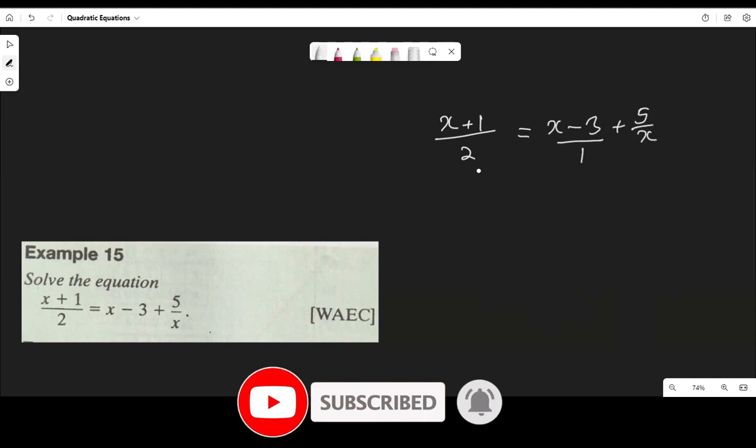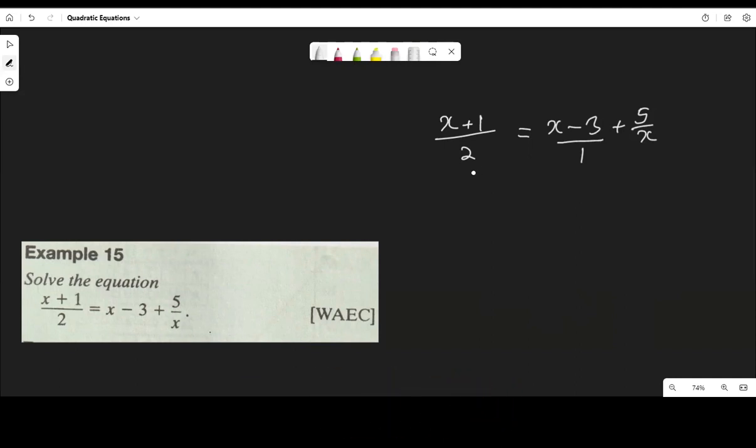So that if you multiply each term of this equation by 2x, you have 2x times (x plus 1 over 2) is equal to 2x times (x minus 3 over 1) plus 2x times 5 over x.